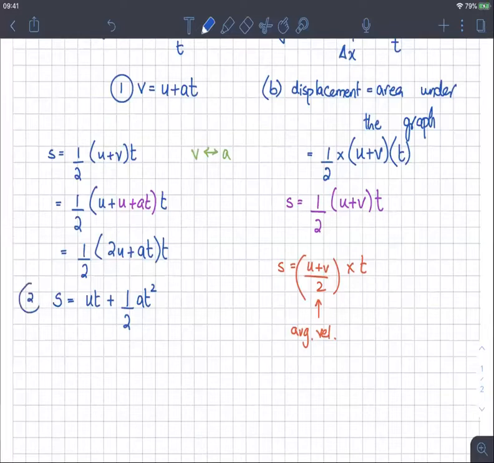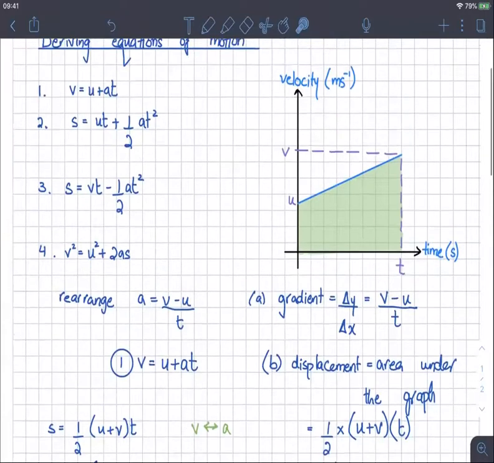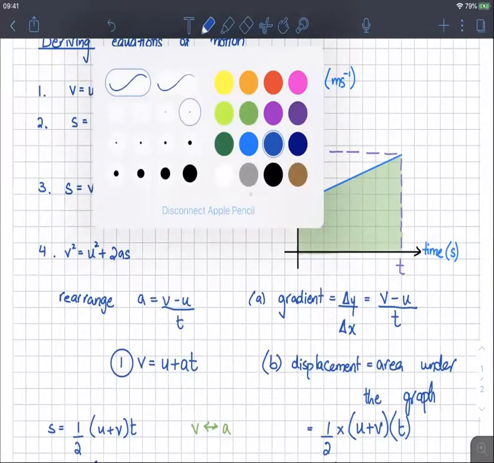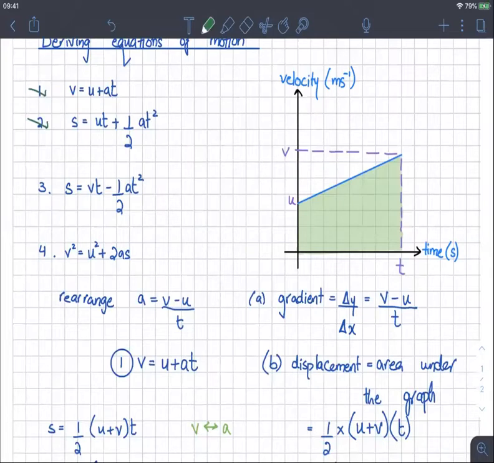That's how you derive equation number 2. And just to check, you had 2u here divided by 2, so that it gives you u, multiplied by the t, it gives you ut. Then if you come to this term, it's just at times t, which is at squared, and multiplied by the 1 over 2, it gives you 1 over 2 at squared. So let's cross these out and move on to the next one.